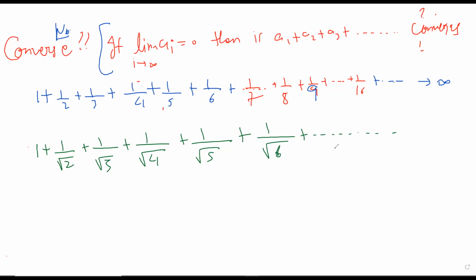Like between 1/√2 and 1/√3, the smallest is 1/√3 only. I'm still not sure how many terms to pick to group, so I'm slow in that. We have to just do trial and error, maybe. And then suppose this is 1/√3 here.